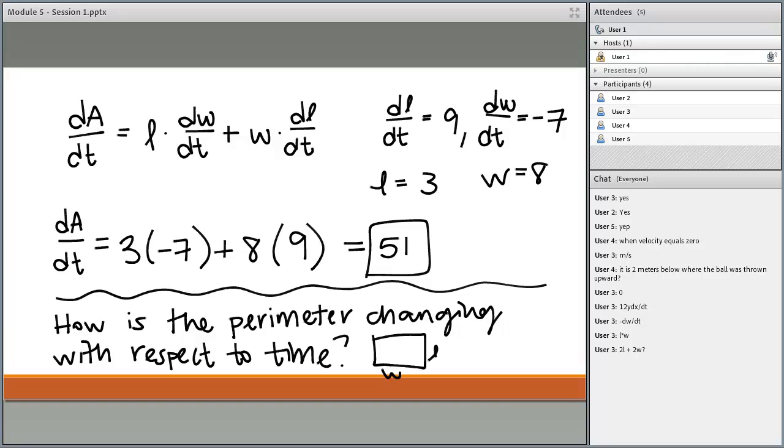Width, length, the perimeter is the sum of all the sides. So we have two sides of length L and two sides of width W. So 2L plus 2W. That represents the perimeter, and we want to find out how quickly it's changing.